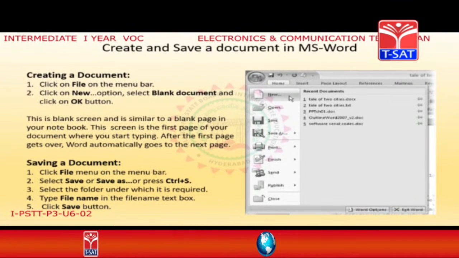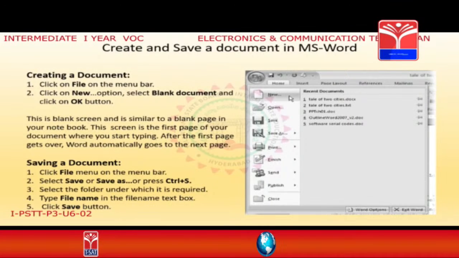Create and save a document in MS Word. Creating a document in MS Word. The first step, click on File on the menu bar. Second step, click on the New option. Then select Blank Document and click on the OK button.